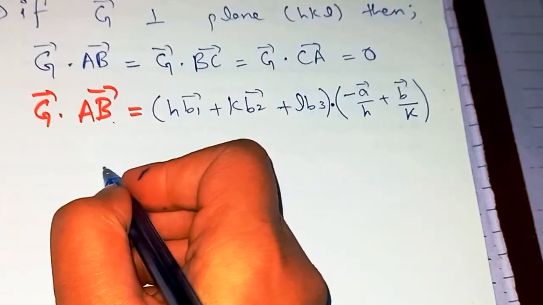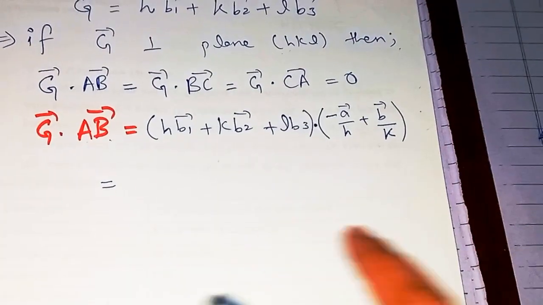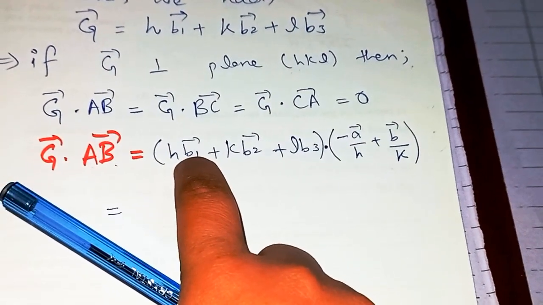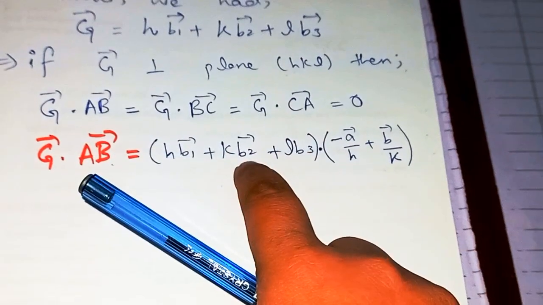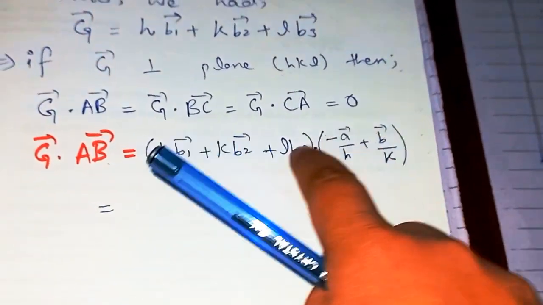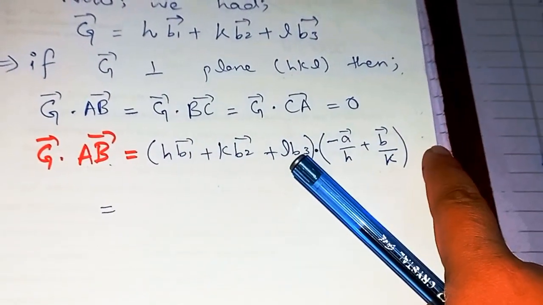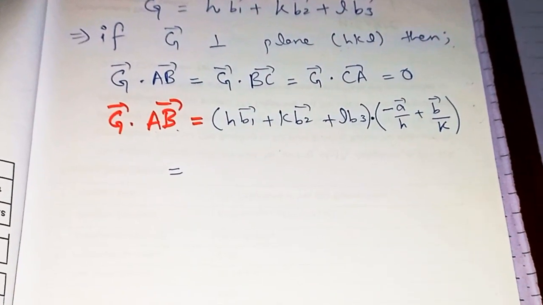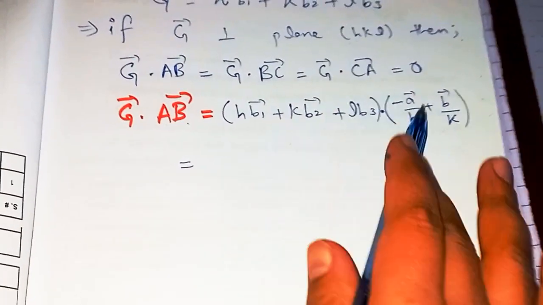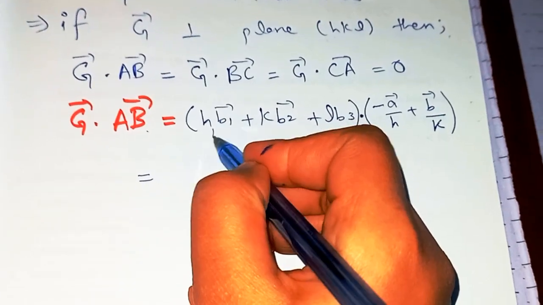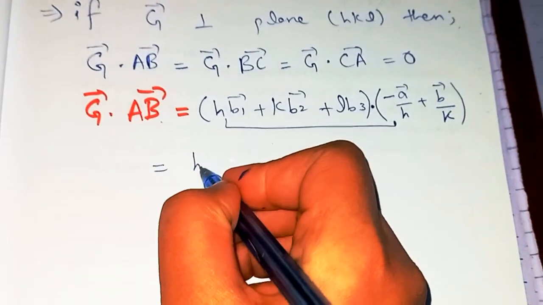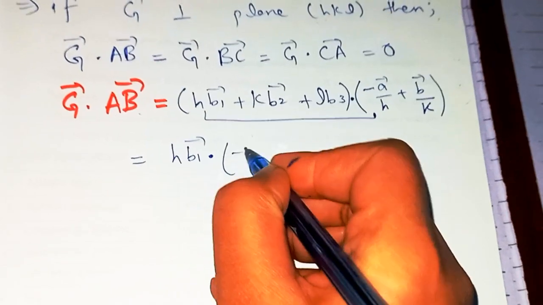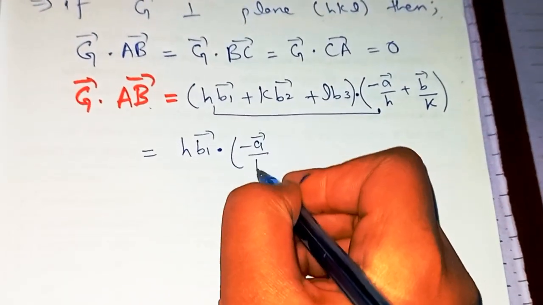All right, let's find out the dot product. And in dot product, the first component b1 will multiply with A only, b2 will multiply with B only, and b3 will multiply with C vector only. It's just like the scalar product works on parallel vectors only, and that is why it's happening. So h will multiply with this one only, so it's h b1 vector dot minus A vector by h.